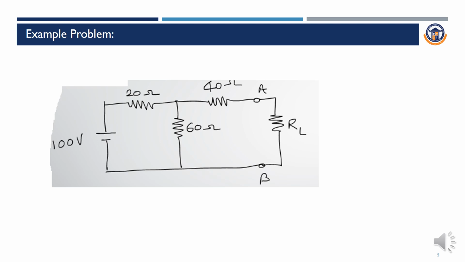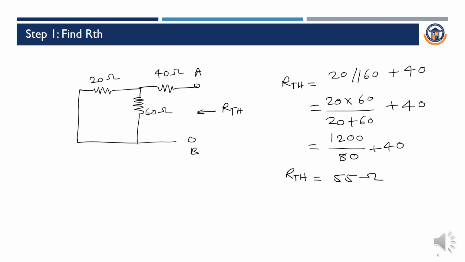For that we have to make any energy sources zero, which means if we have a voltage source, we have to make it a short circuit to get zero. If we have a current source, we have to make it an open circuit to make the current zero. The same step is followed here.